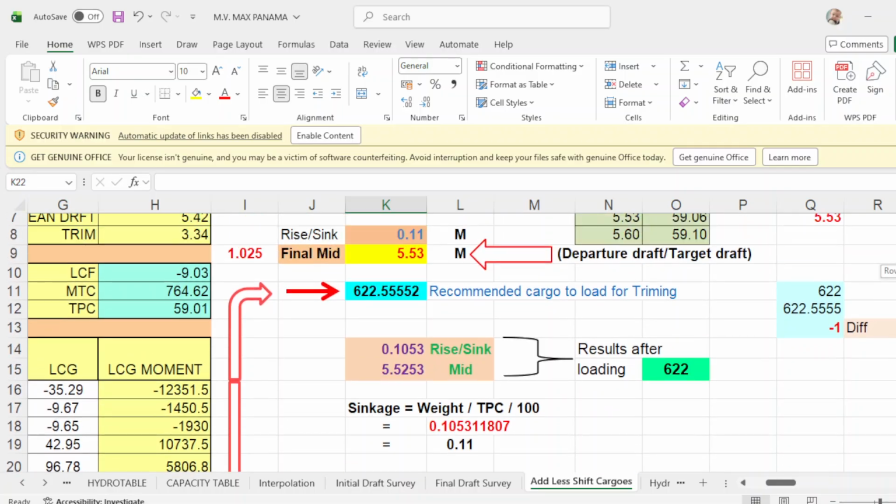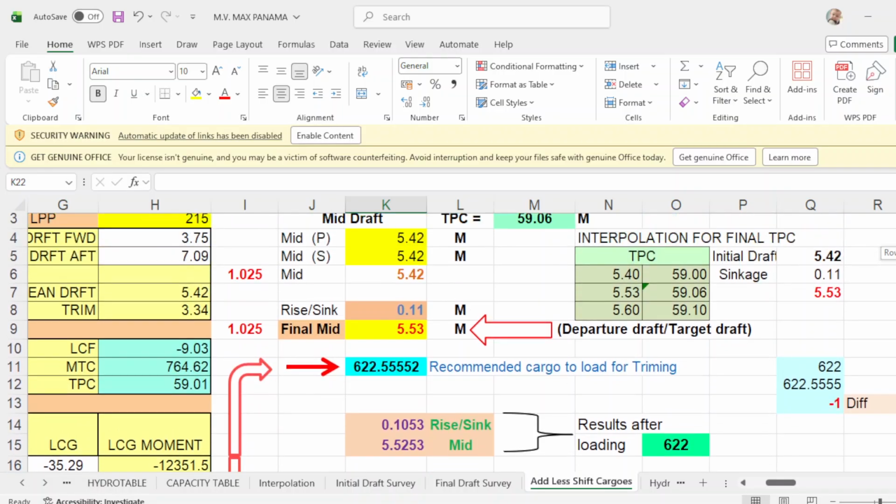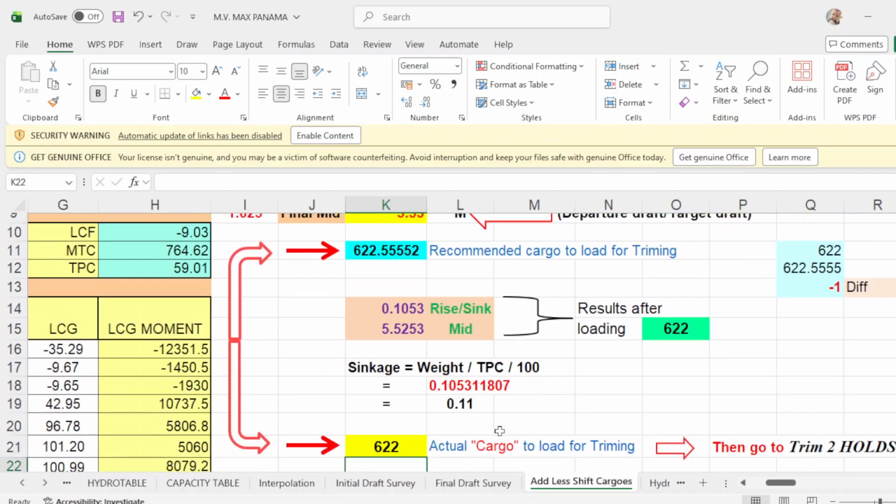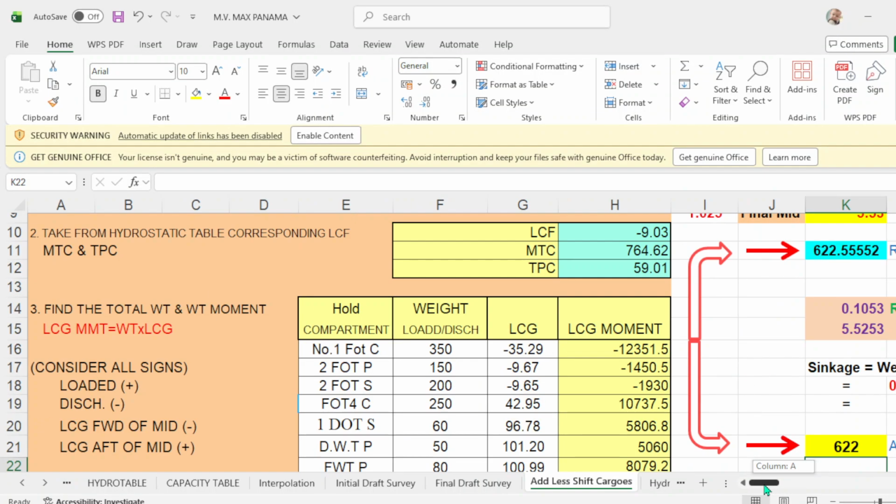If you round it up, that will be 5.53, and you round up this sinkage, that will be 0.11. Or sinkage is weight divided by your TPC, divided by 100. Okay. So what is your weight? 622 divided by your TPC of 59.09 and divided by 100. This will be the result, 0.11, which is the same here, guys.